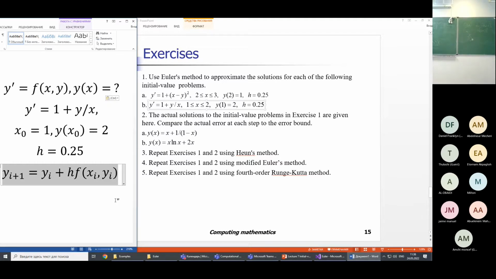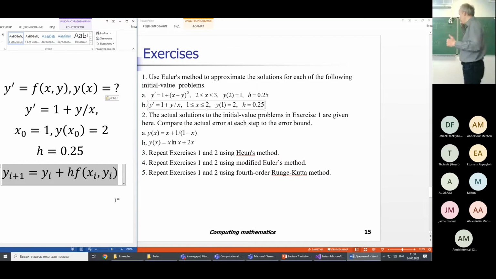What will be the value of the right-hand side for x0, y0? Yes, 1 plus 2 over 1 equals 3.